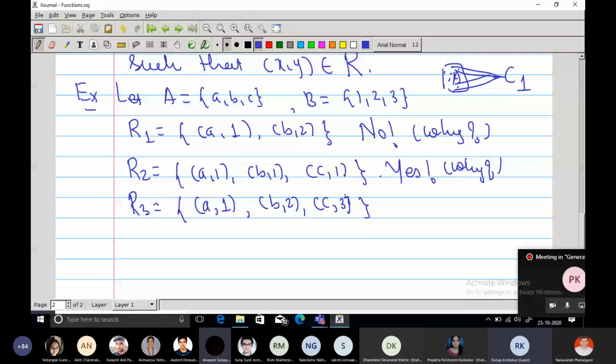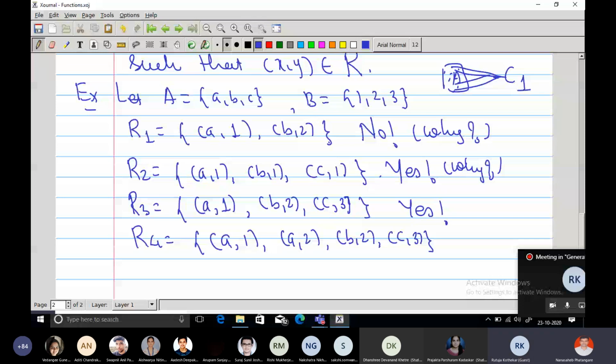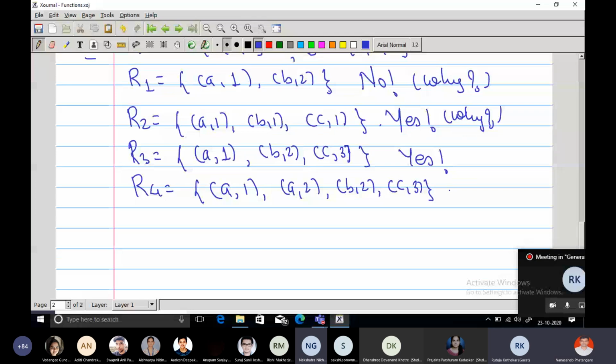This is a function. Now R4 is {(a,1), (a,2), (b,2), (c,3)}. Is it a function? No, sir.